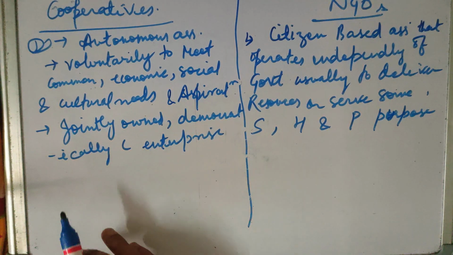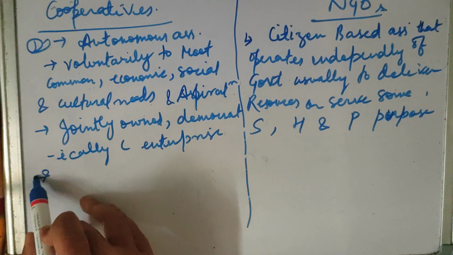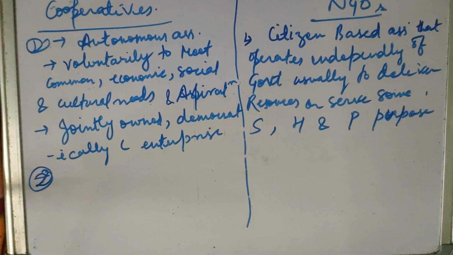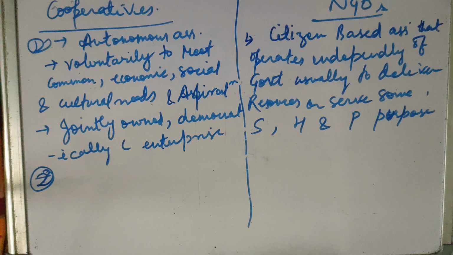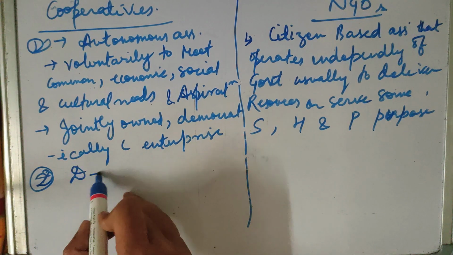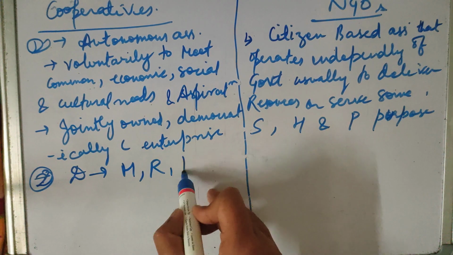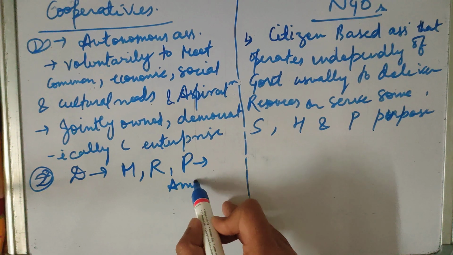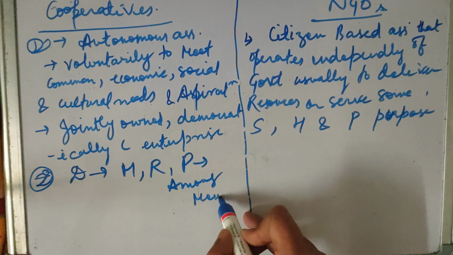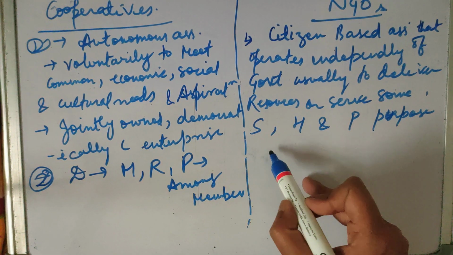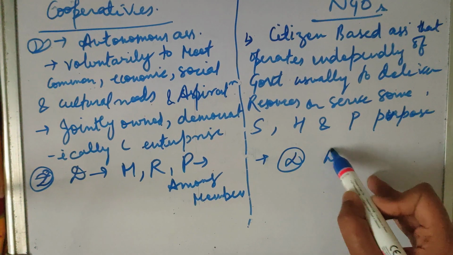So this is what an NGO is. A cooperative can distribute money, resources and profit among its members, whereas an NGO cannot distribute profits.